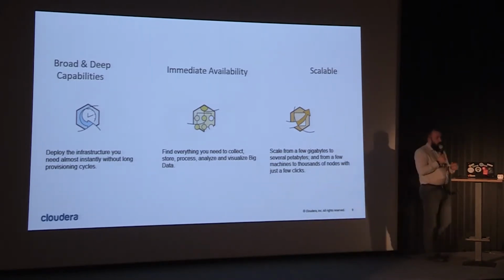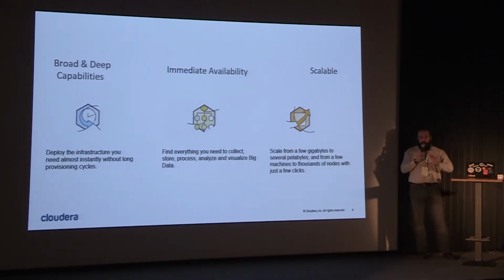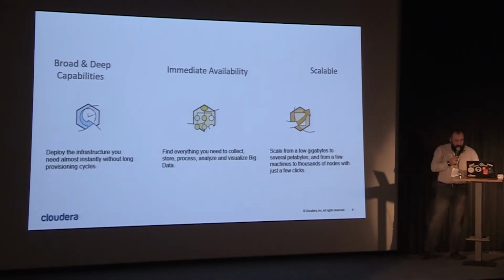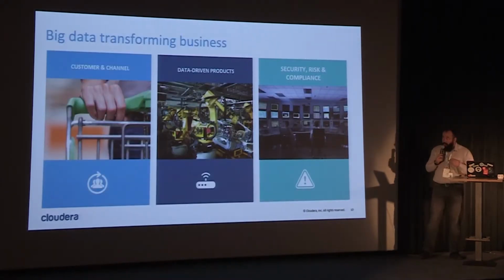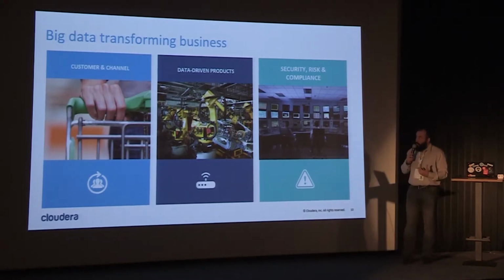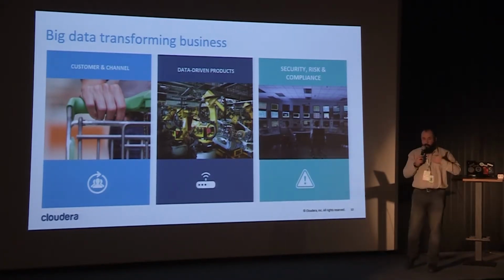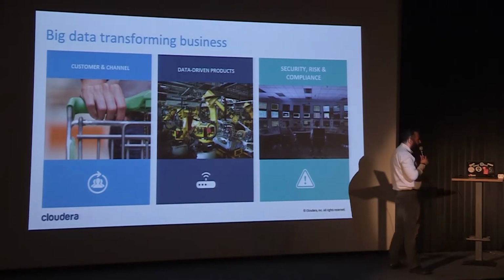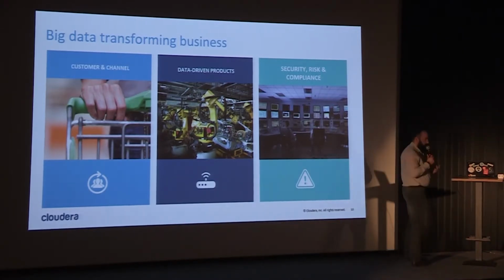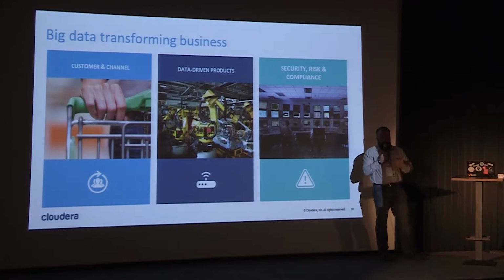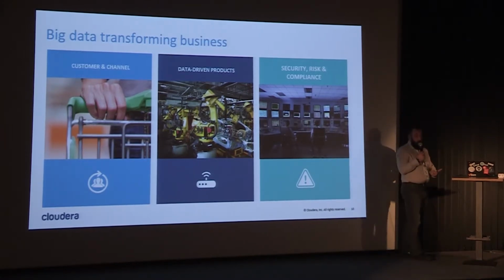Okay, so now we understand why we would like to run Hadoop on the cloud, and in addition to this, we have existing examples. In this big data transforming business, we already know serious companies who are delivering Hadoop-based solutions over the cloud.